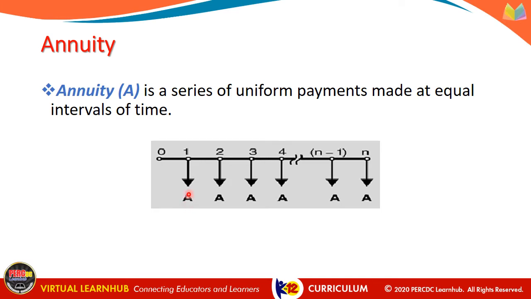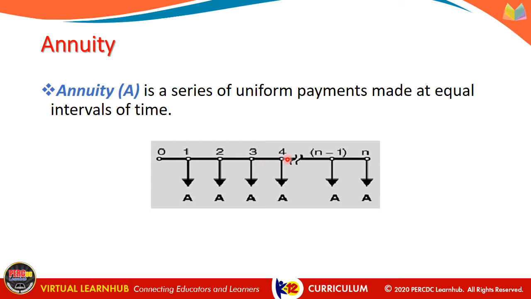So if A is 1,000, we have 1,000 pesos at the end of first year, another 1,000 pesos at the end of second year, another 1,000 pesos at the end of third year, until another 1,000 pesos at the end of nth year. The intervals do not necessarily have to be yearly. The intervals can be monthly or quarterly.